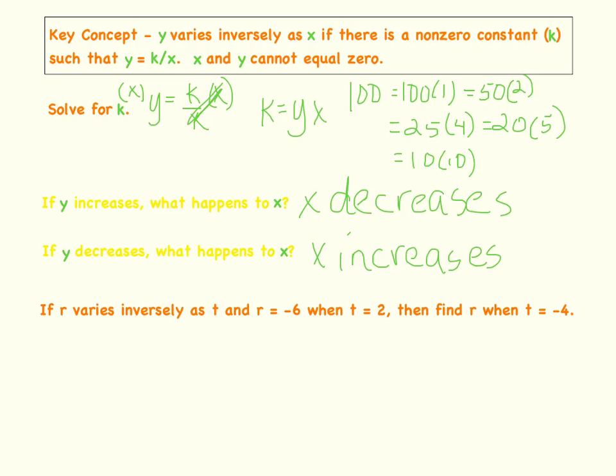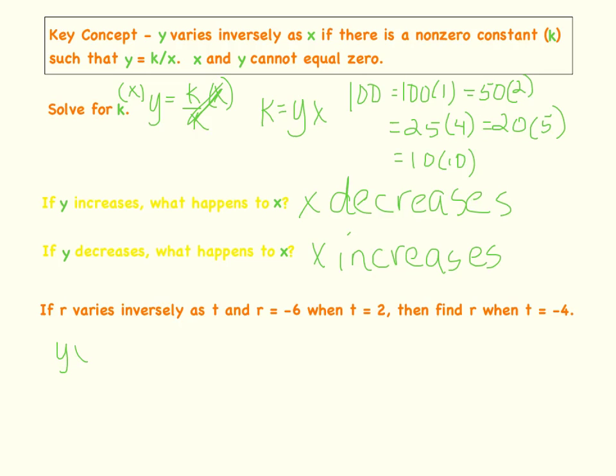Now let's do an example. If r varies inversely as t, and r equals -6 when t equals 2, then find r when t equals -4. Now, when we're setting up this equation, we are going to set this up as y times x equals y times x.